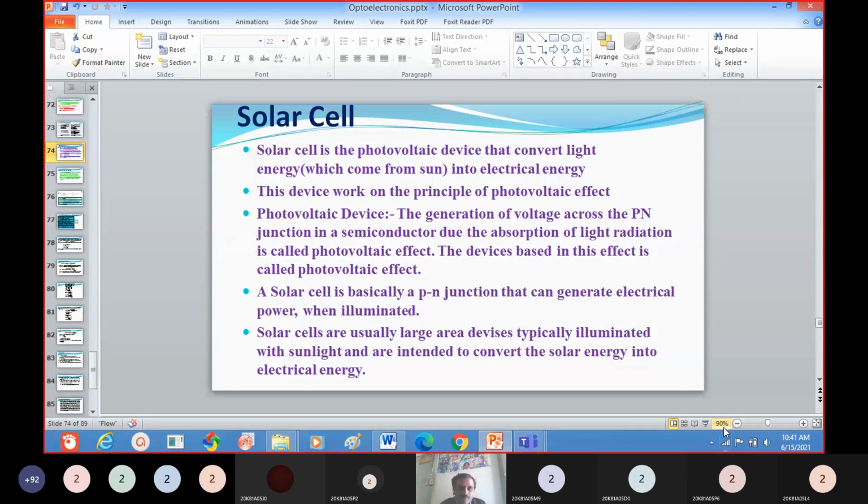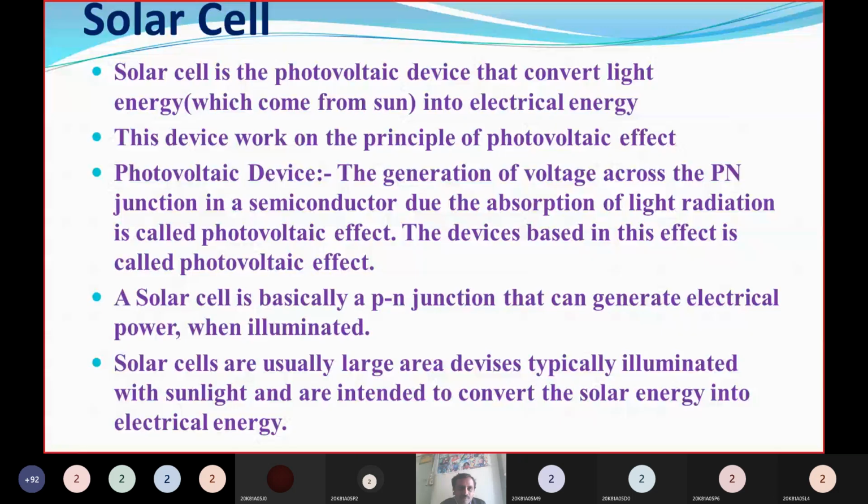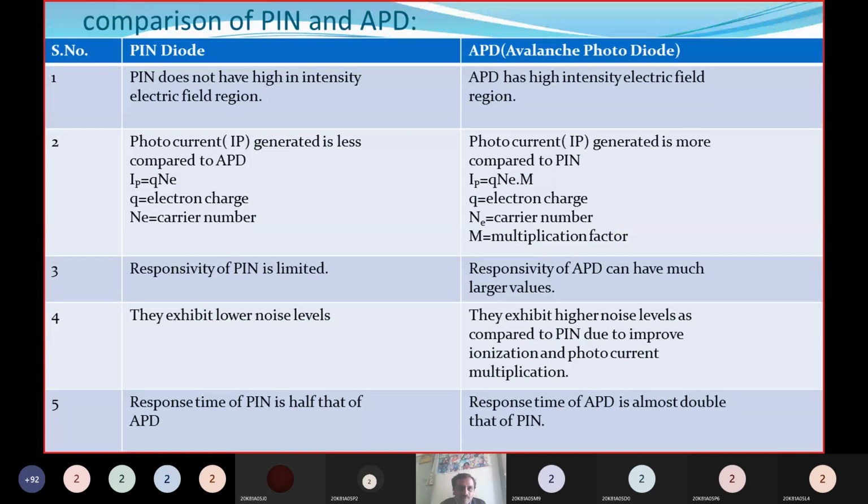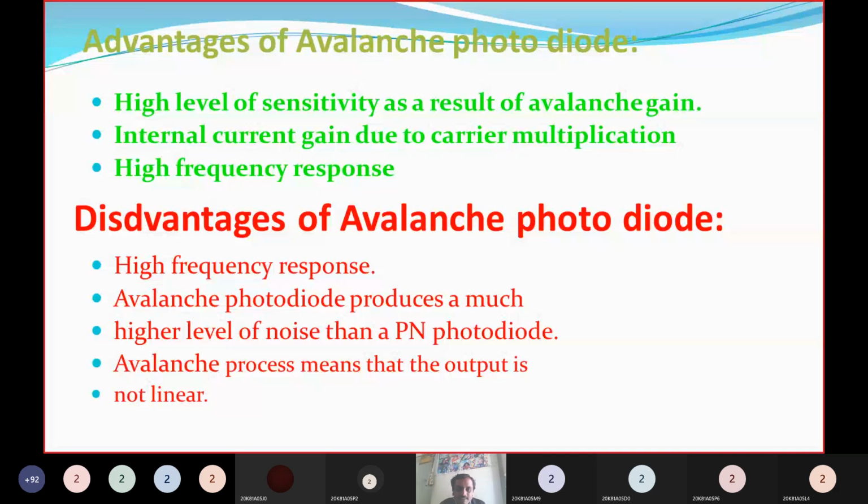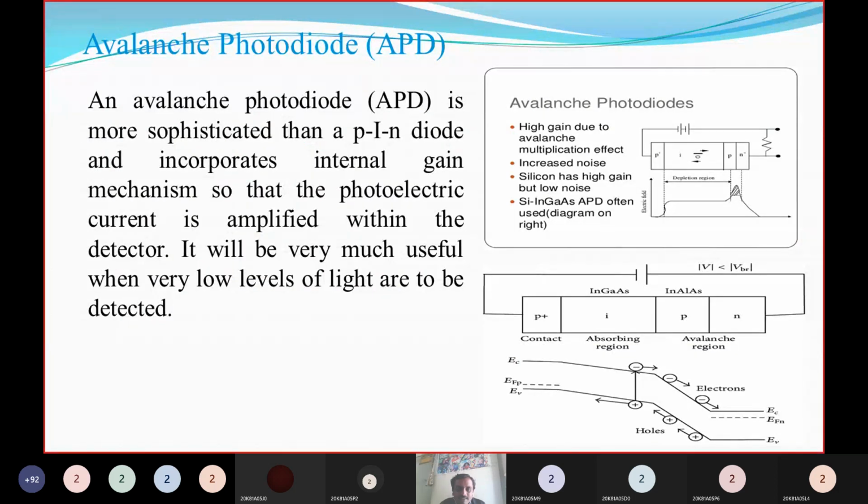What is the working principle of these photodiodes? Whenever light is incident on these photodiodes, the light is captured by the photodiode and that light energy is converted into electrical energy. That is the working principle of these photodiodes.